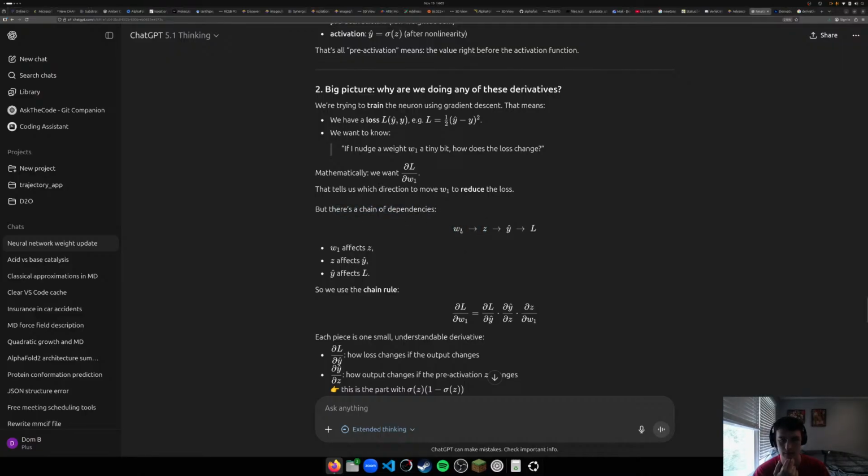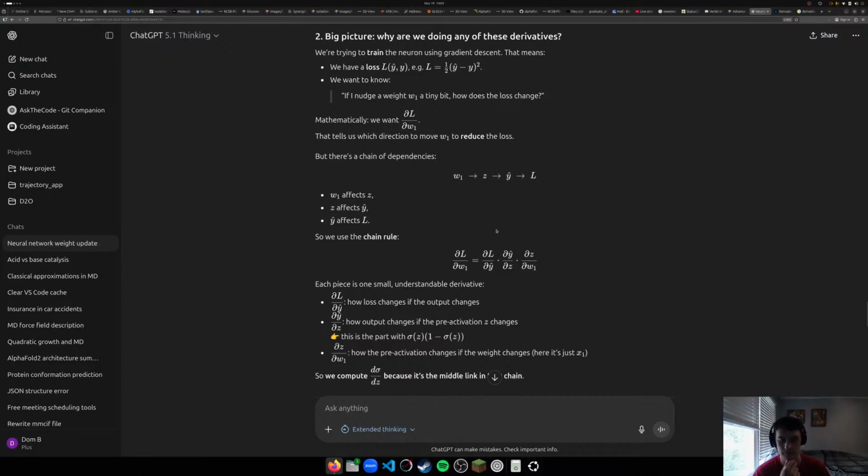So the weight determines the z, which determines the y, which determines the L. So to get to the weight, we have to figure out the L, the y, the z, and okay.